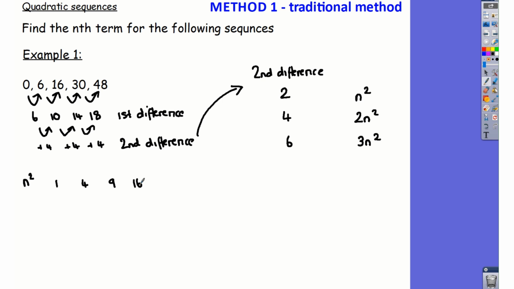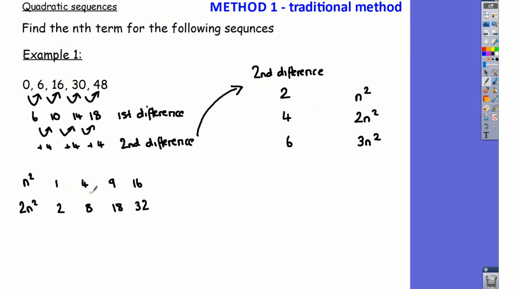Next one would be 16, this would be 4 squared. What about 2n squared then? What would that look like? Well, for 2n squared I'm just going to double each of the terms that we have above. So the sequence would start as 2, 8, 18.